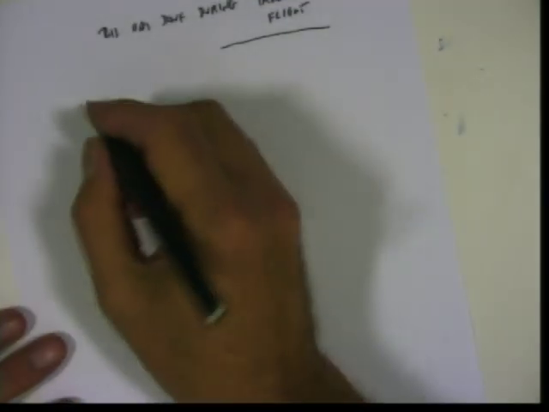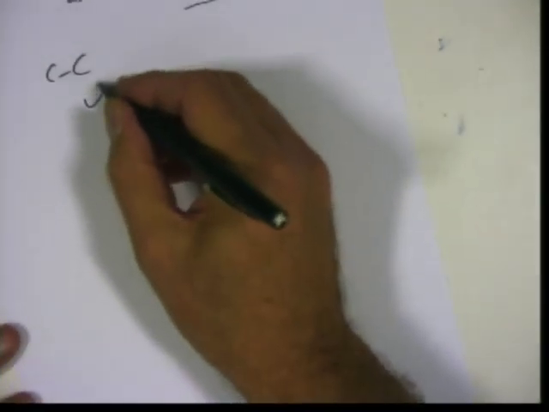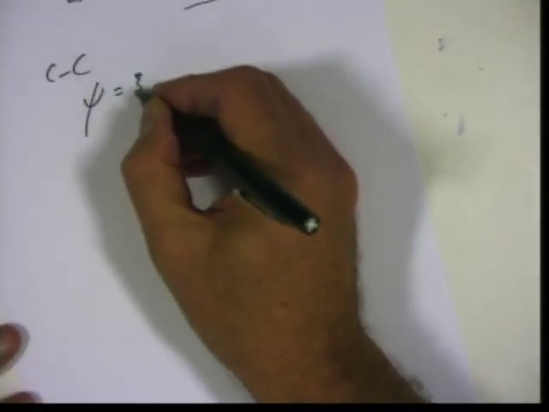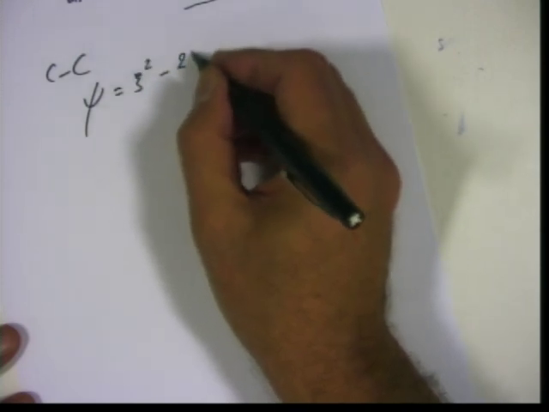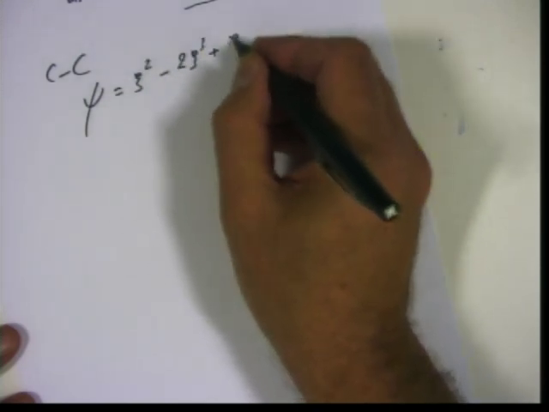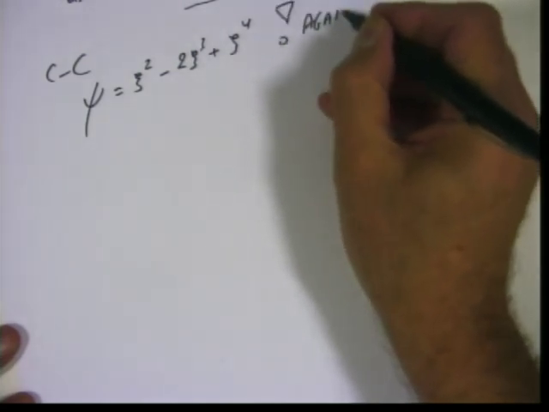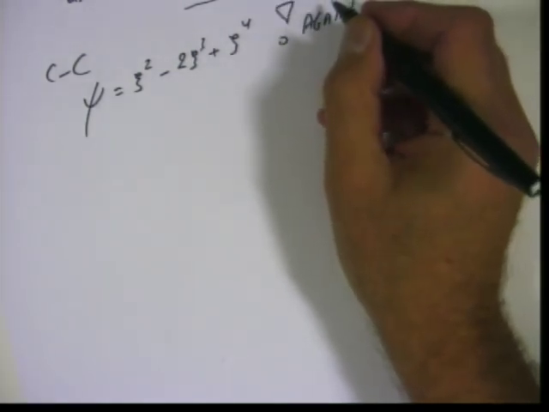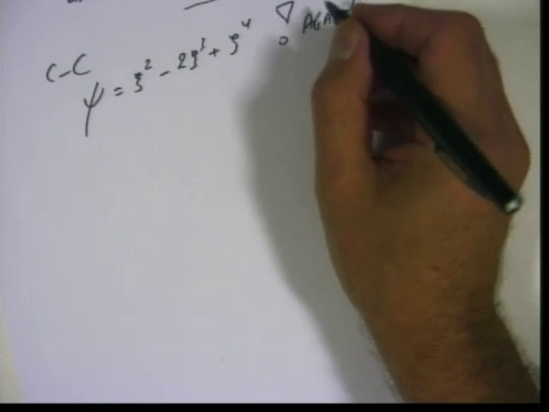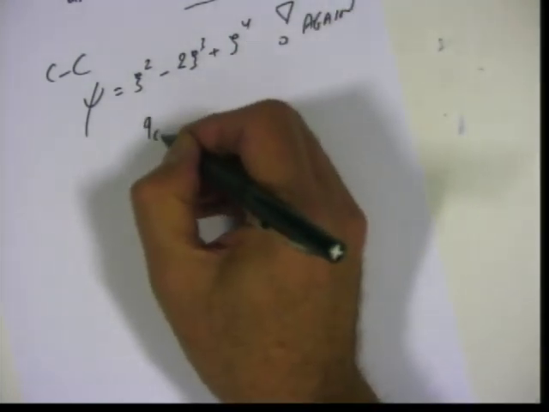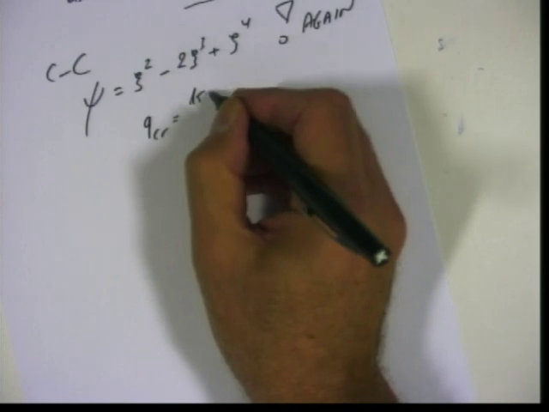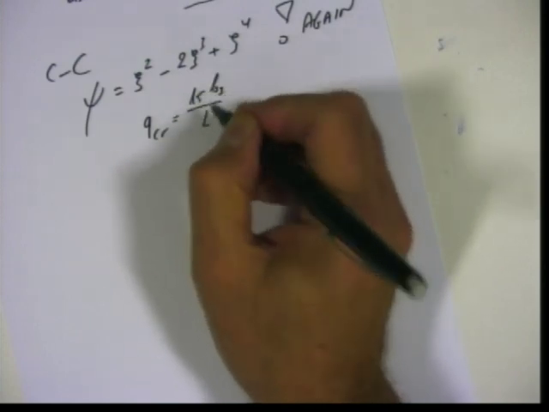Now what happens with the clamped case? So now psi equals xi squared minus 2 xi cubed plus xi to the fourth power. Again Q critical equals 15 B3 over L cubed.